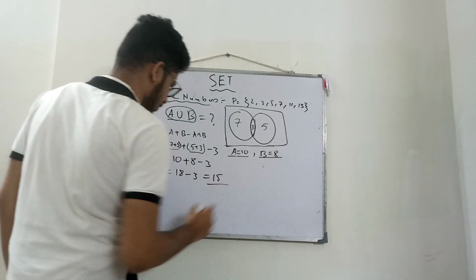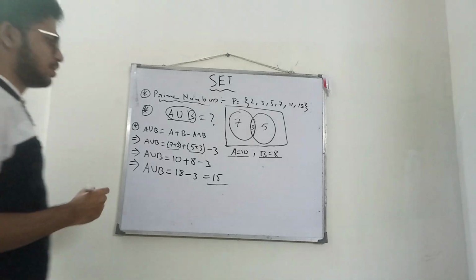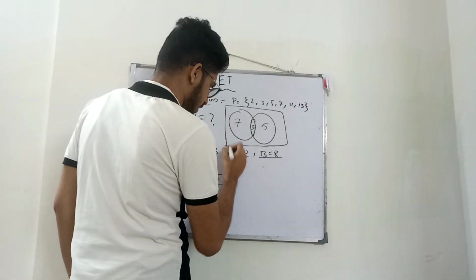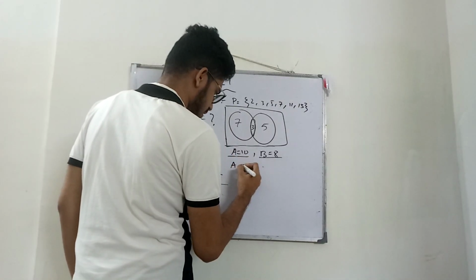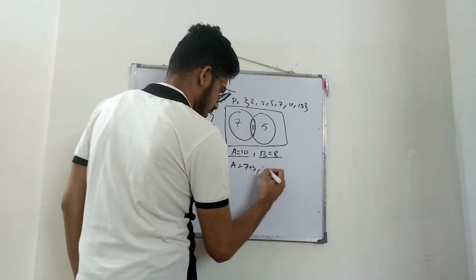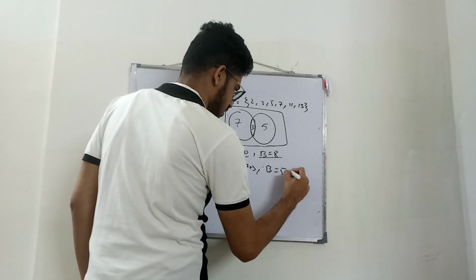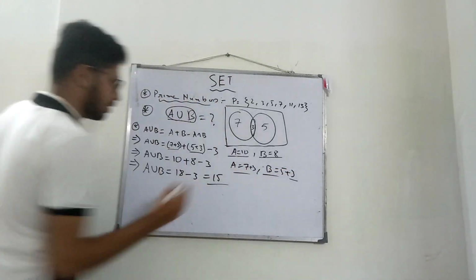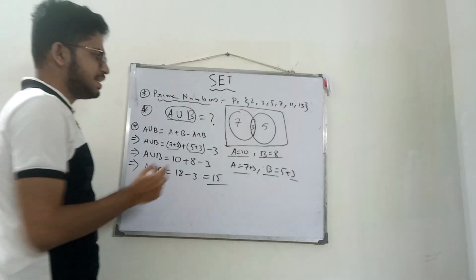How much? 15. Suppose A is equal to 7 plus 3 after dividing, and B is equal to 5 plus 3. I hope you all understood. And 3 is the intersecting part.